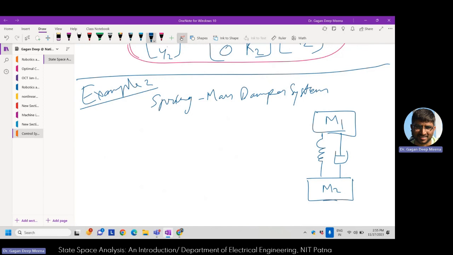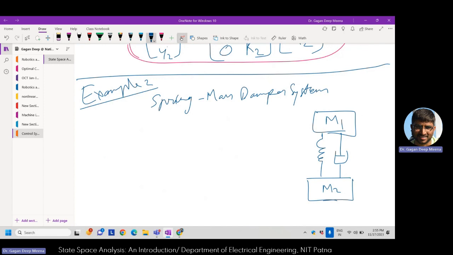So we can just think of those variables which are changing with respect to time. For example, in the previous circuit, the current and voltage were changing. So I1, I2 can become two states, and the capacitor voltage VC can become another state. So here, what would be changing? We need to see that.